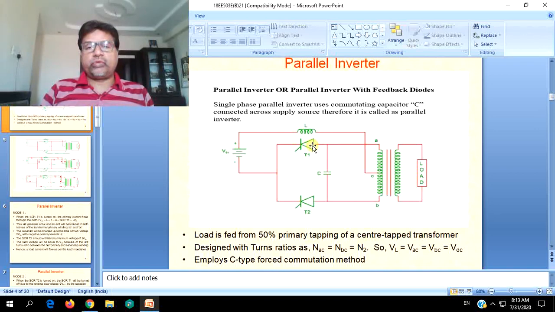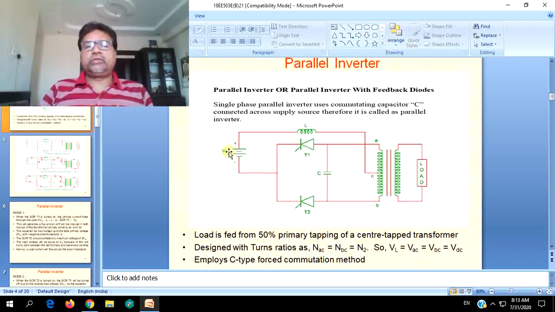When a given SCR is conducting, the other SCR should always be compulsorily in the off position. And this is the simple parallel inverter. We will also be discussing the parallel inverter with feedback diodes after discussing this particular circuit.